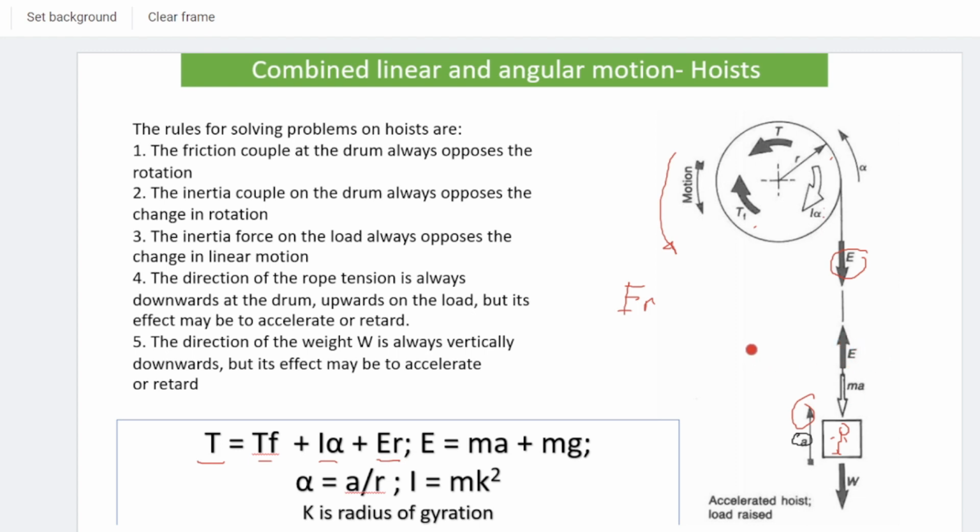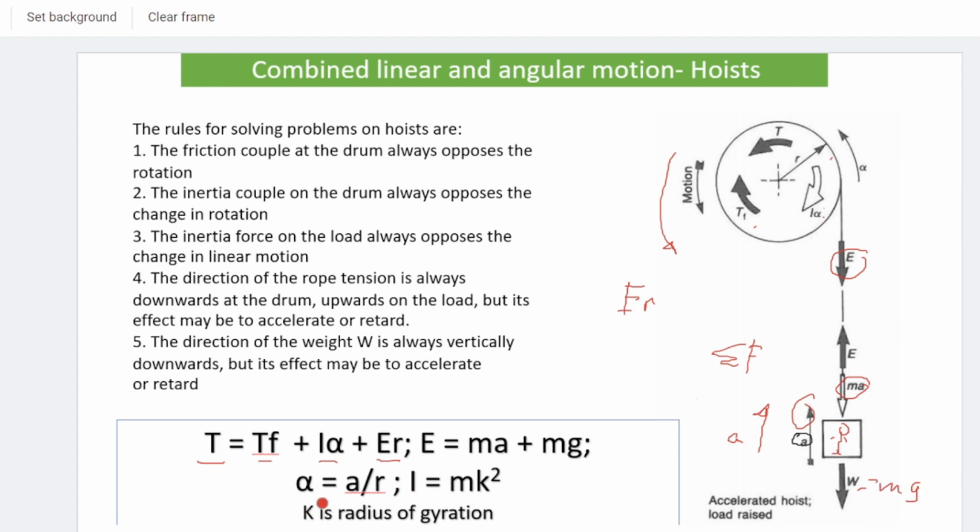If we're going to get the forces in vertical direction here, you just have E is equal to W and then MA. Take note that if the direction of your acceleration is going up, there's always the reverse effective force in opposite direction. That's why you have E is equal to MA and then W, by which W is equal to mass and gravitational acceleration.